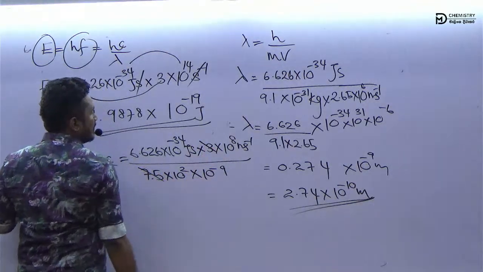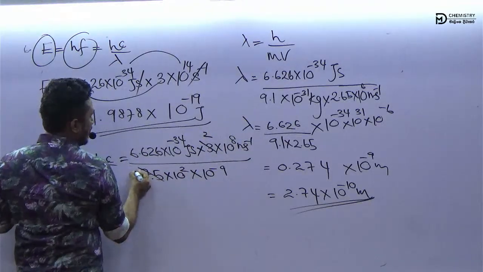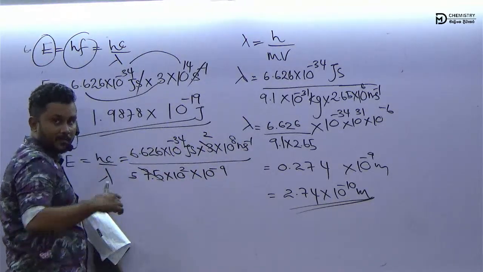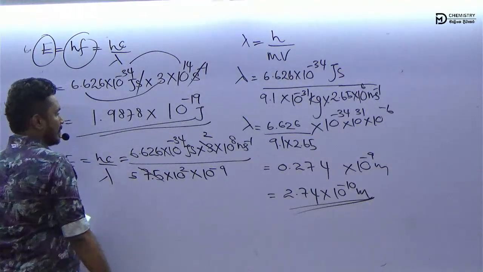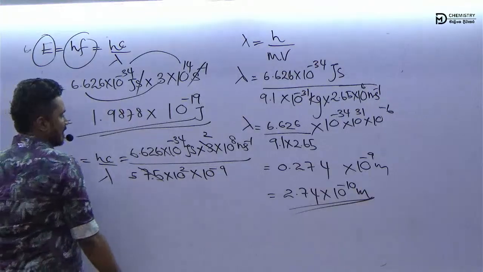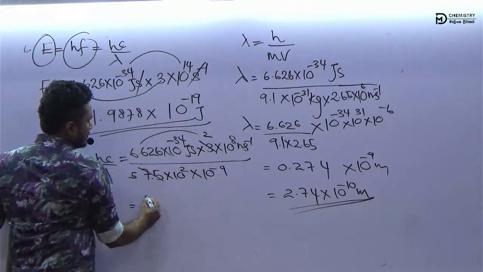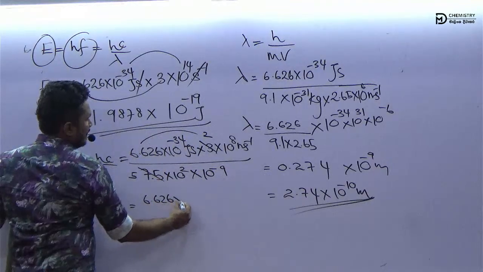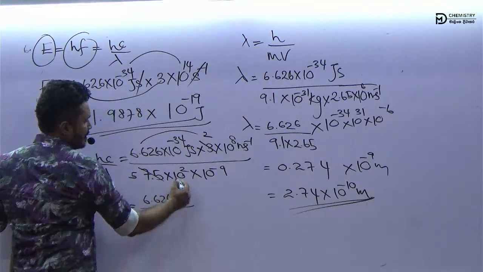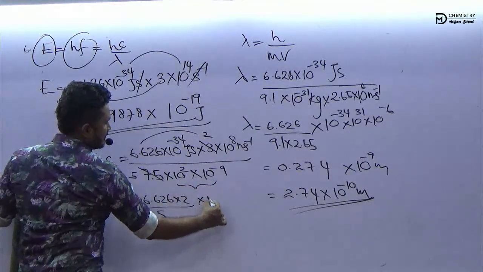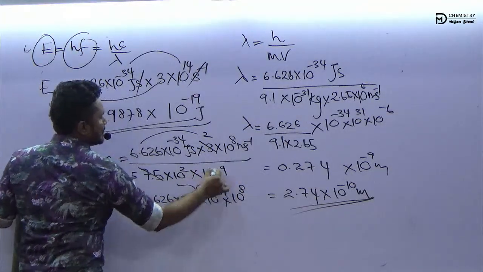Here 3 is 1.5 into 2, and 7.5 is 1.5 into 5, so we can easily simplify this without using calculators. Here we can clearly see 6.626 into 2 divided by 5. When we come to the powers of 10, minus 34 is there, plus 8 is there, and the result is minus 7.